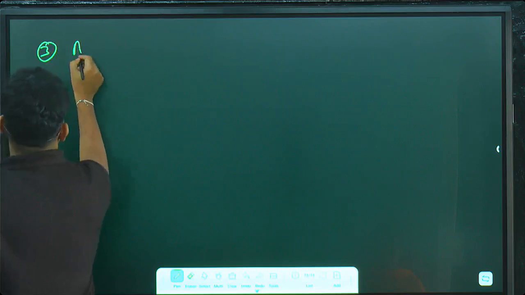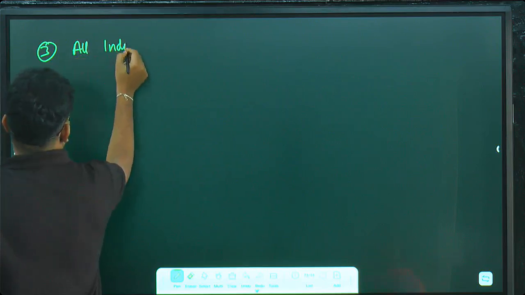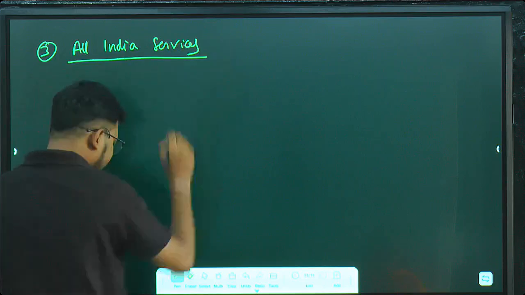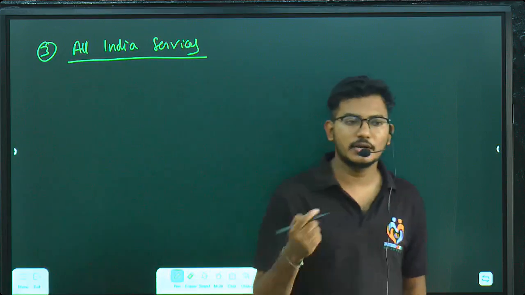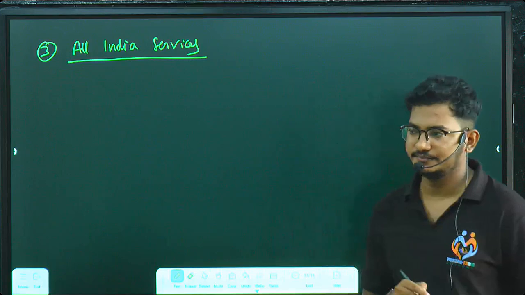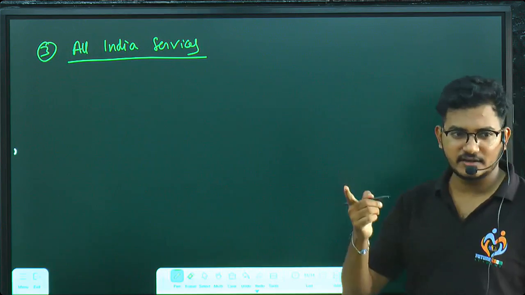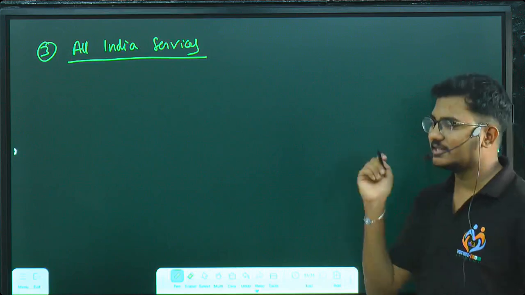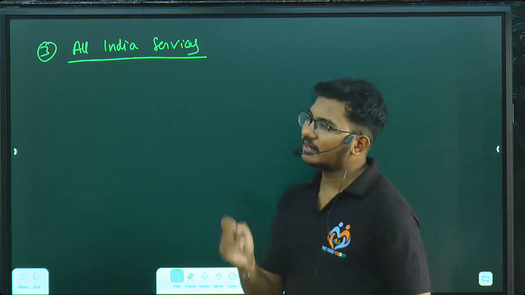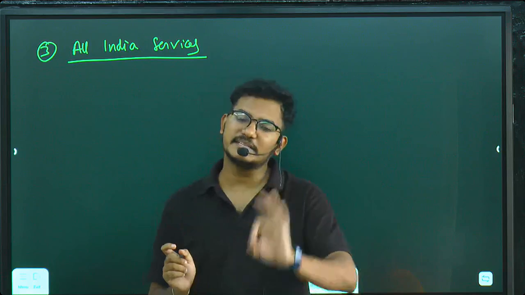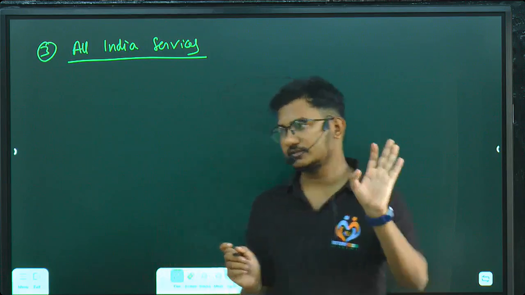All India services. Let's see what the Sarkaria Commission said about all India services. Okay. You got the difference between Article 311 and 312? Using Article 312, Rajya Sabha can create new all India services. Article 311 gives special powers to the all India services.